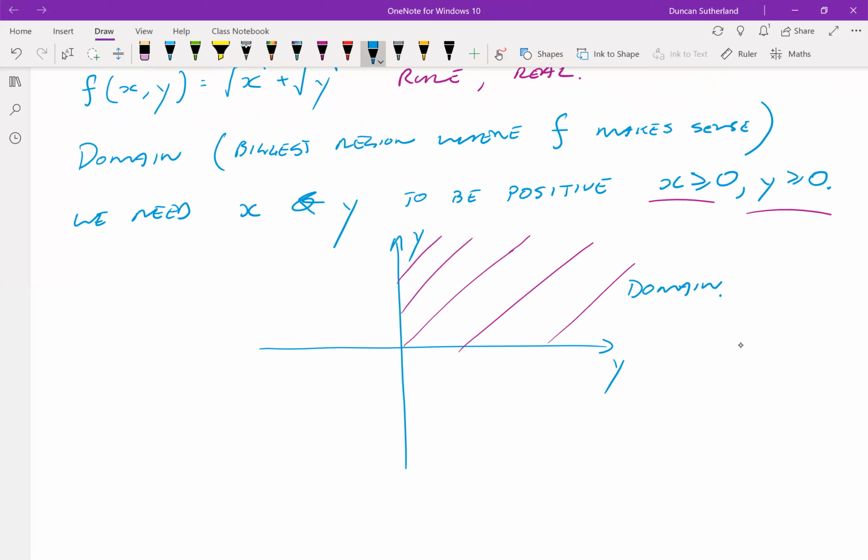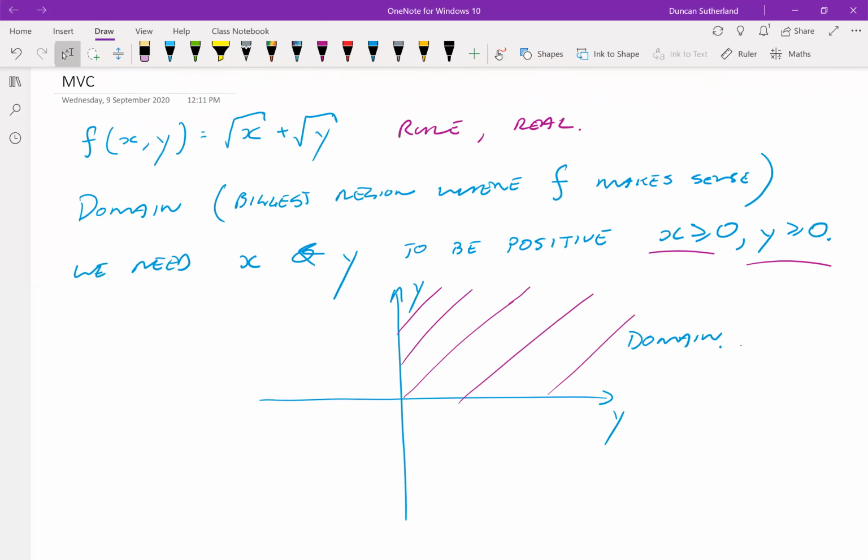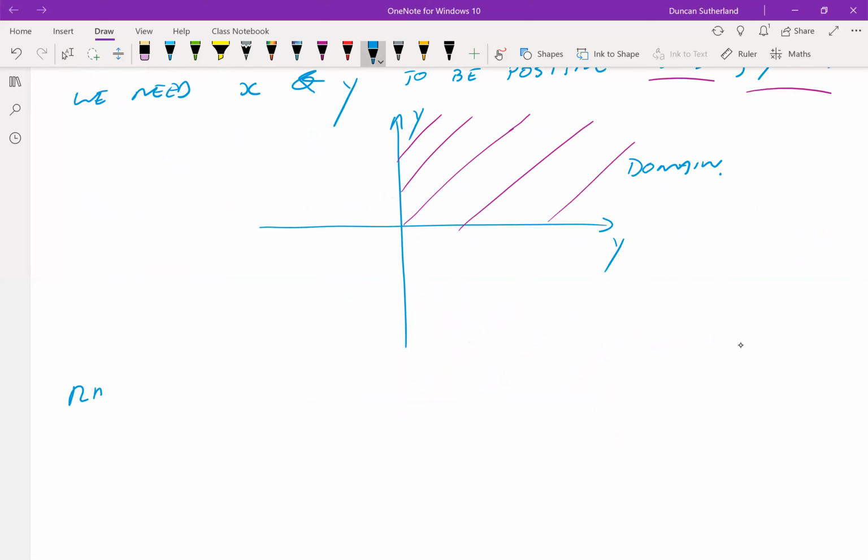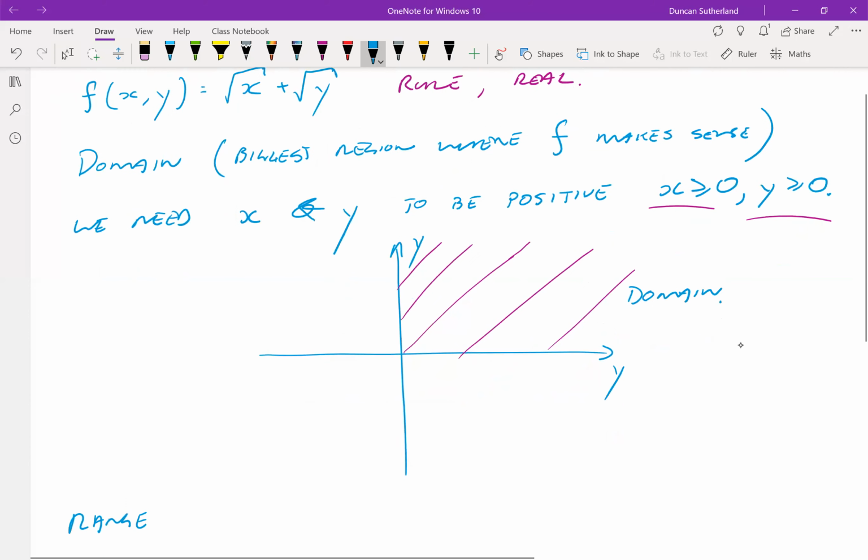So the range of this, what's the values that f can spit out? Obviously, that's just all the positive reals. There's no restriction other than that this will always yield a positive answer because we're always taking the positive branch of the square root, right? So if x is some positive number, then this part of the function makes sense.